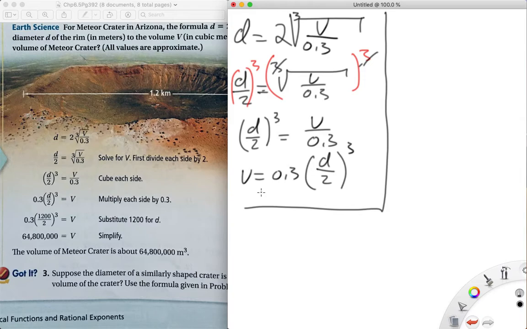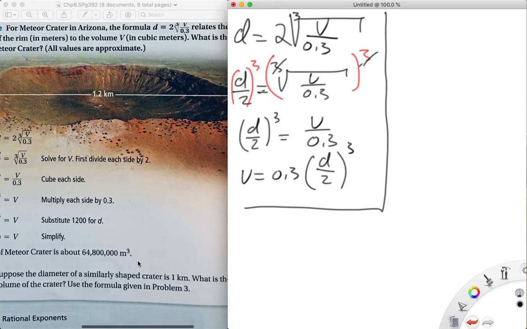In this problem, they want to know the volume when the diameter of the crater is 1 kilometer. Since the diameter is in meters, I have to convert kilometers into meters, which is 1,000 meters in a kilometer, and then plug it in.